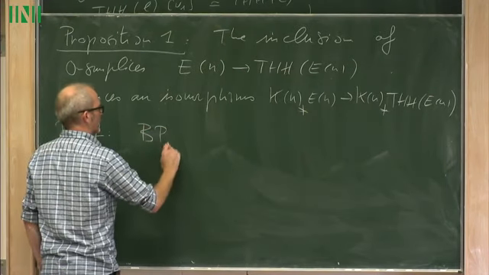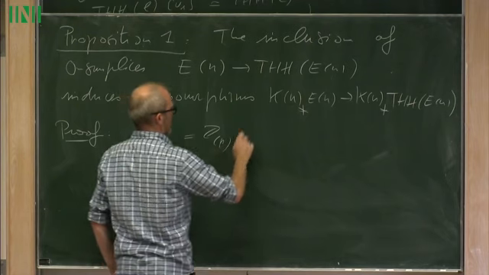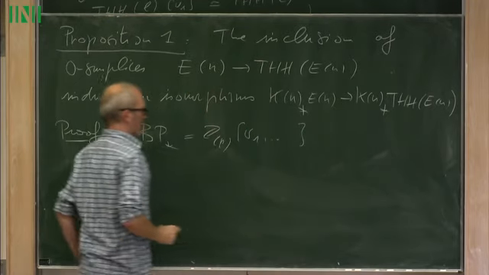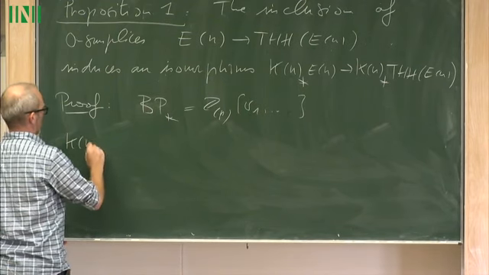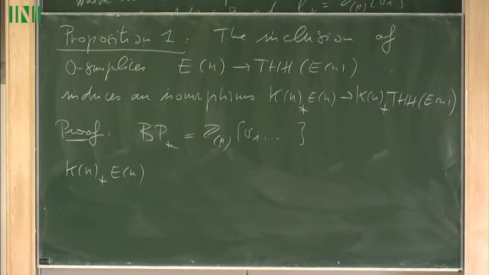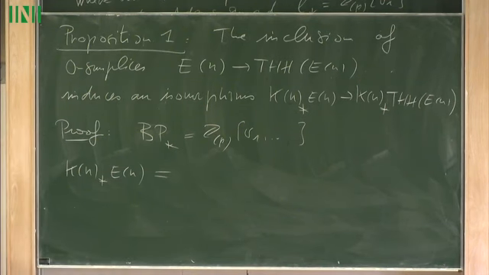Well, we start with BP that Agnes, I think, gave us this morning, and we are going to compute this guy. And this is something that you find, at least in Ravenel's book on complex cobordism.